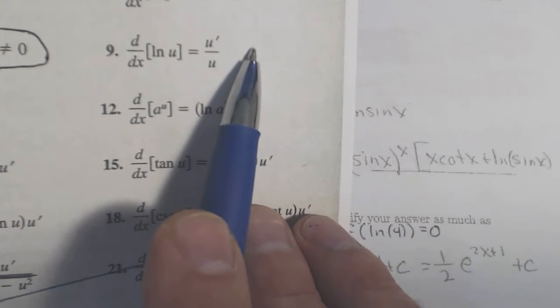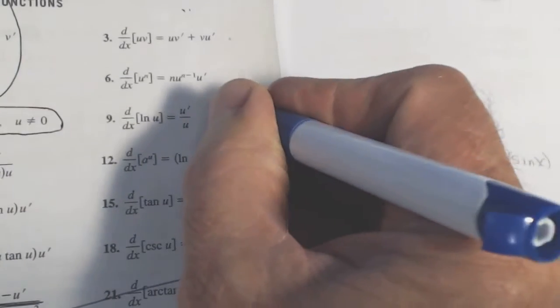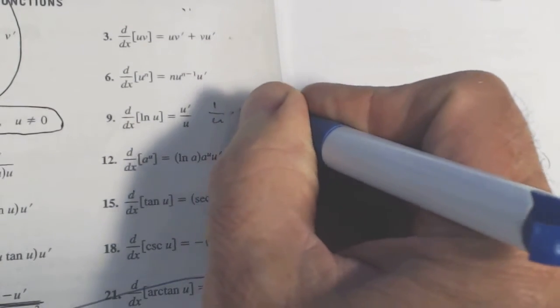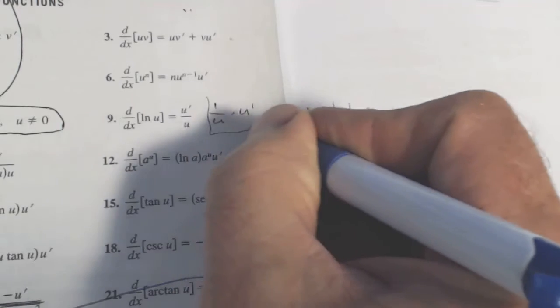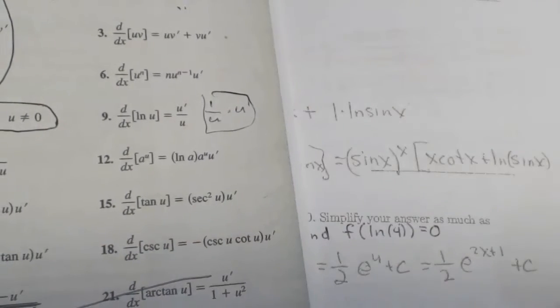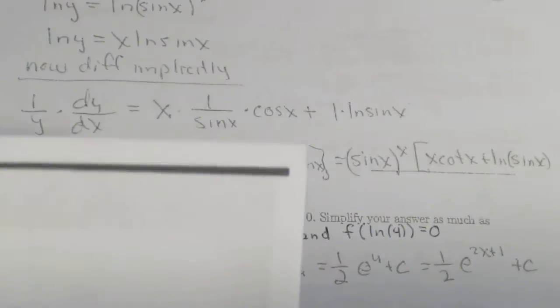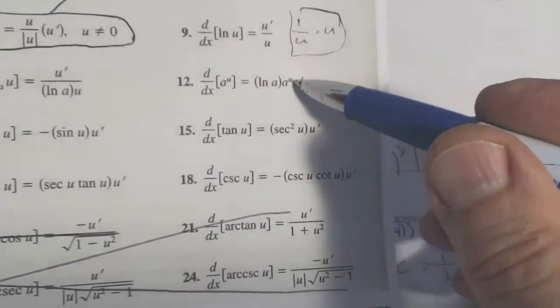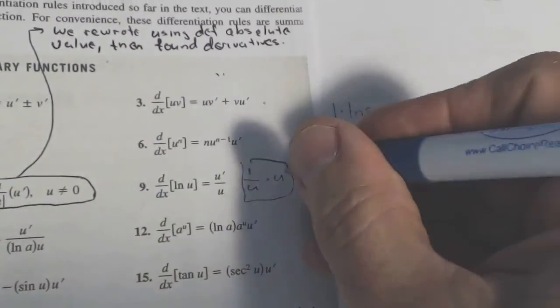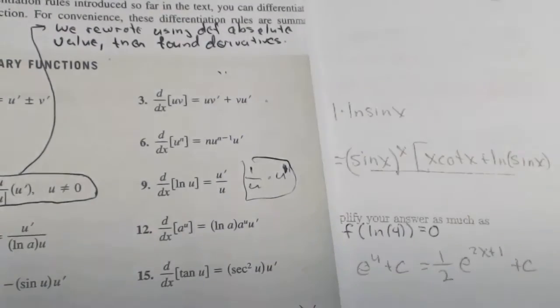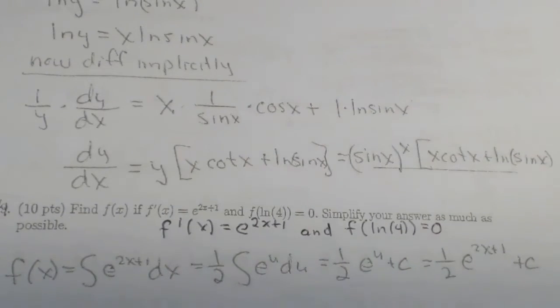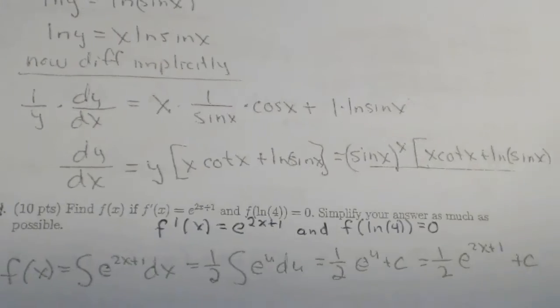They put the u prime there. We would write it as 1 over u times u prime, is the way we would probably show that one. Okay? Which means you do 1 over u times u's derivative, u prime. There we go.